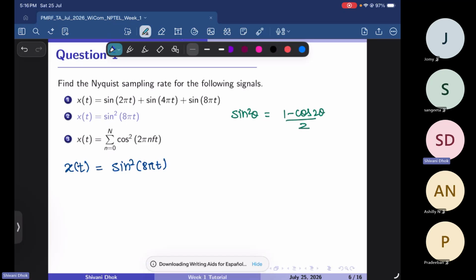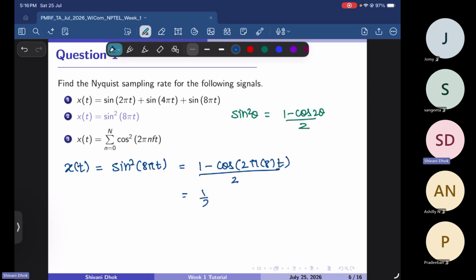Using this, we get 1 minus cos of 2 pi 8t by 2. I can write this as half minus half into cos of 2 pi 8t.